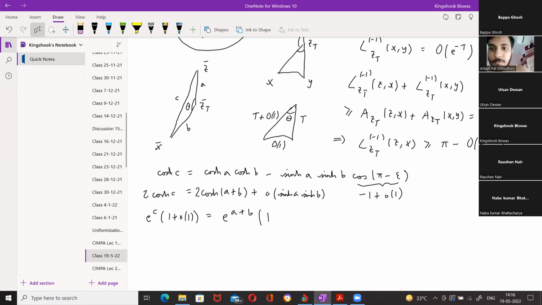When I divide this by e to the A plus B, I'll get a constant big O of 1, and then there's a little o of 1. So 1 plus little o of 1. And so therefore, I'll get that C minus A minus B is greater than or equal to some minus delta. Is this clear?